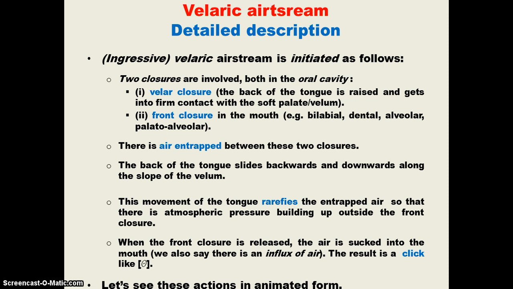Let's see these actions in animated form. As you can see, we have the velar closure and the front closure. There is a certain amount of air entrapped between the two closures.